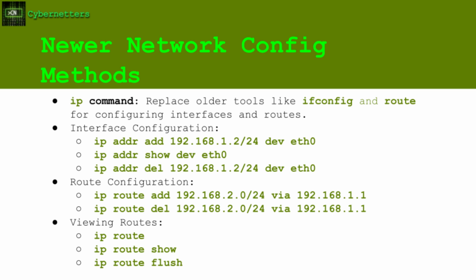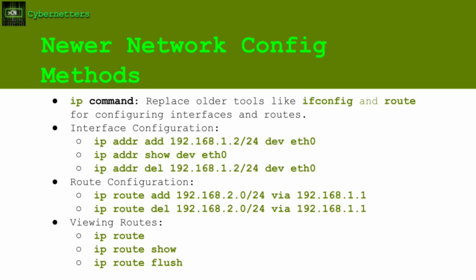So to add a route, we do ip route add via. Basically, if you need to get to 192.168.2.x, you send it through 192.168.1.1. And if you want to remove it, you do the same thing but with delete, so you use the command ip route delete.